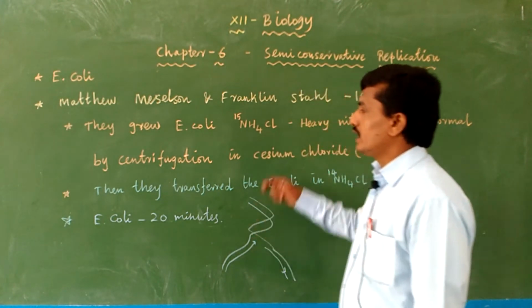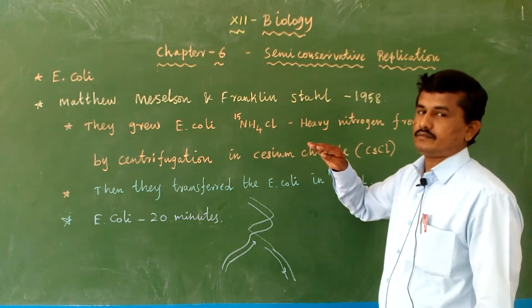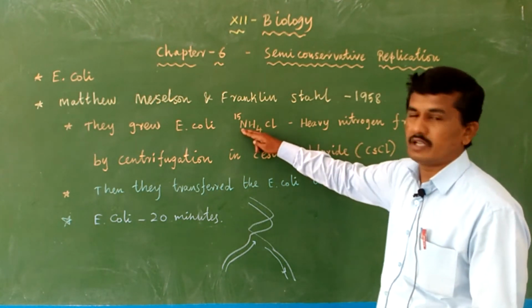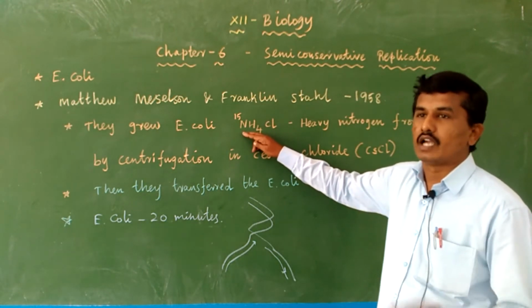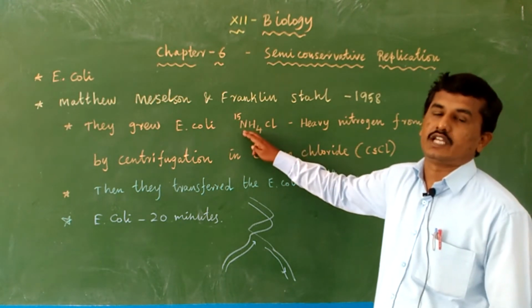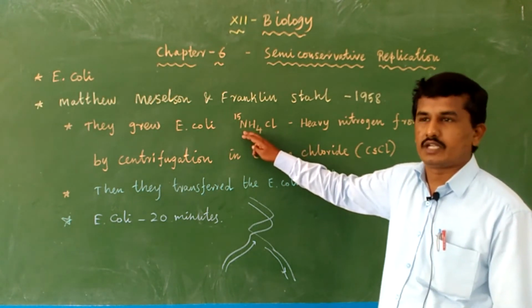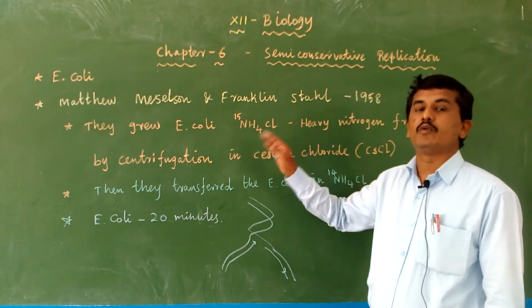Okay. Then they grew E. coli in ammonium chloride. Normally in ammonium chloride the nitrogen is 14, but for this experiment they took ammonium chloride as a heavy nitrogen. Nitrogen 14 only is normal. But here the scientists took N15, nitrogen 15 ammonium chloride.